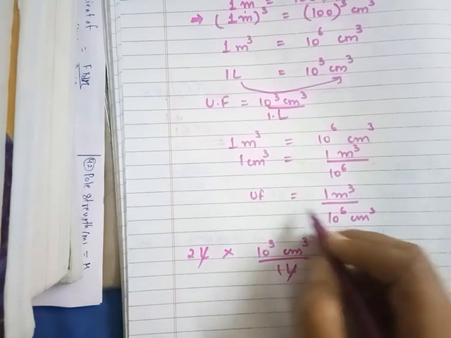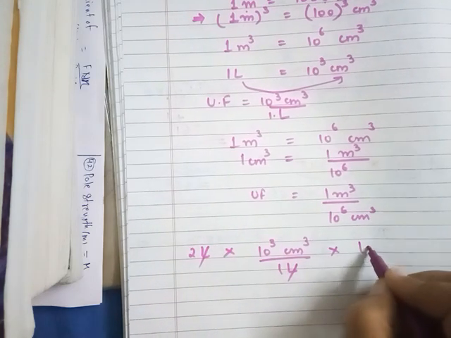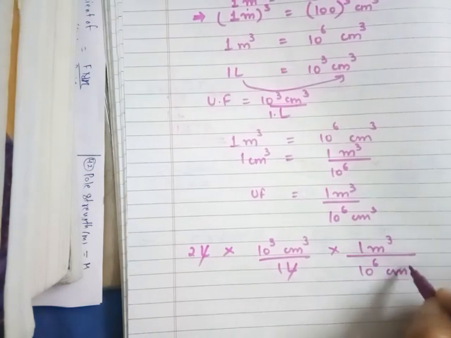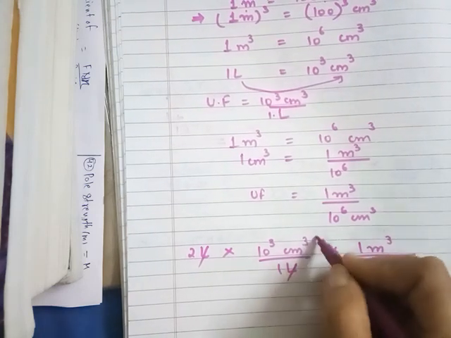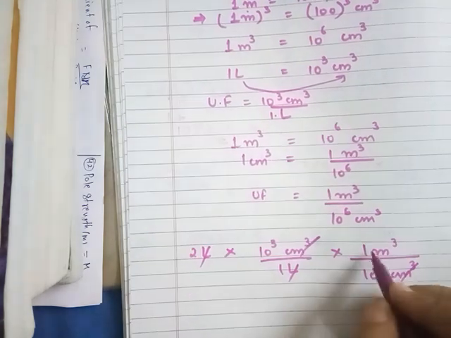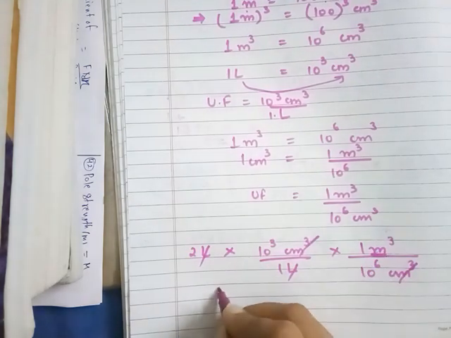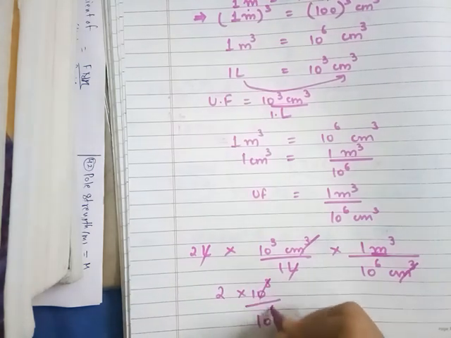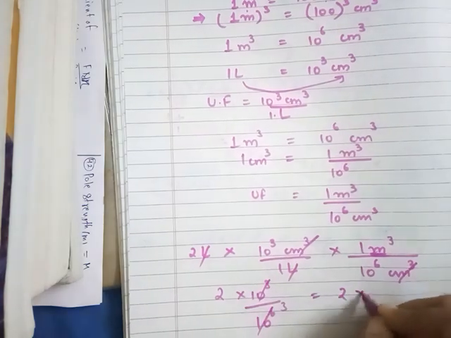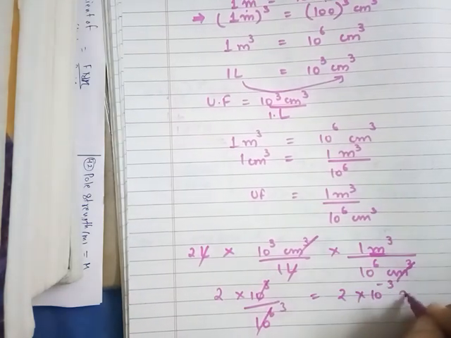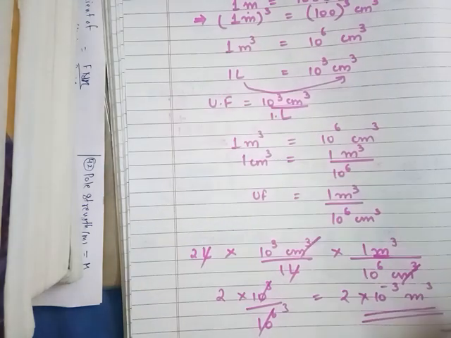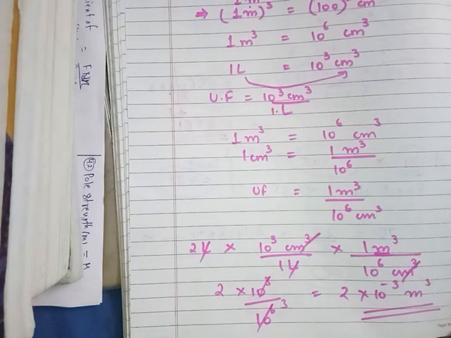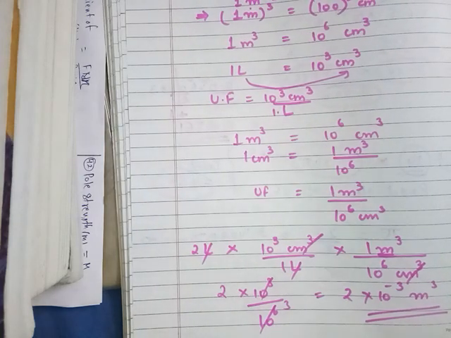So the second unit factor to convert centimeter cube to meter cube is 1 meter cube divided by 10 to the power 6 centimeter cube. Centimeter cube and centimeter cube will cancel out. Now the unit that remains is meter cube. So 2 into 10 to the power 3 upon 10 to the power 6. Now it's 2 into 10 to the power minus 3 meter cube for 2 liter.